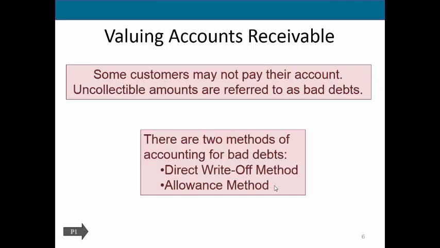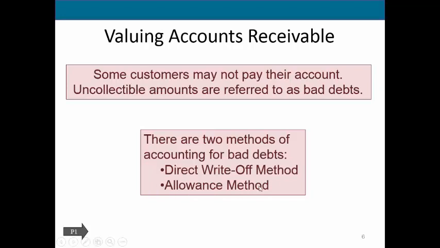So anytime we make a sale, we'll go ahead and recognize that a small portion of that sale will probably not be paid back to us. So the difference here is that with the allowance method, whenever we make revenue, we record a portion of bad debt expense.